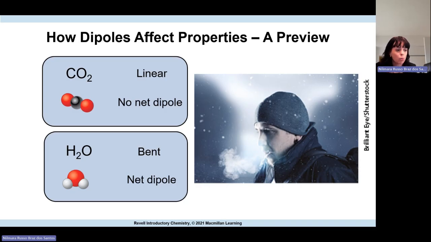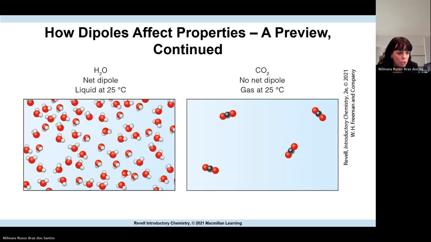Remember, in water we have non-bonding electrons around the oxygen here. So we have a dipole moment different than 0, so we have a net dipole. Water is liquid at 25 degrees Celsius, while CO2 is a gas. So here we have a net dipole, and here we don't, okay?